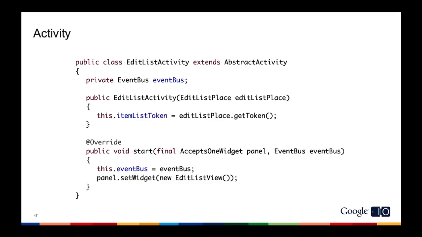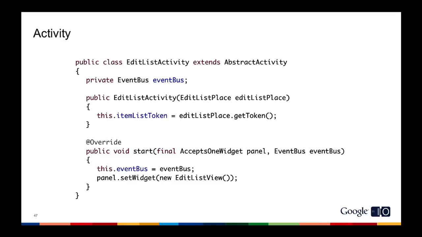So here is a typical activity. This extends the abstract activity, which is just a convenience class. The real requirement is just to implement the activity interface, but this class provides default implementations of a lot of your methods for you. The most important method is the start method. This is where it all happens. Notice that it takes a panel of type accepts one widget. So this is what enforces the requirement that an activity is responsible for managing one area of the screen.